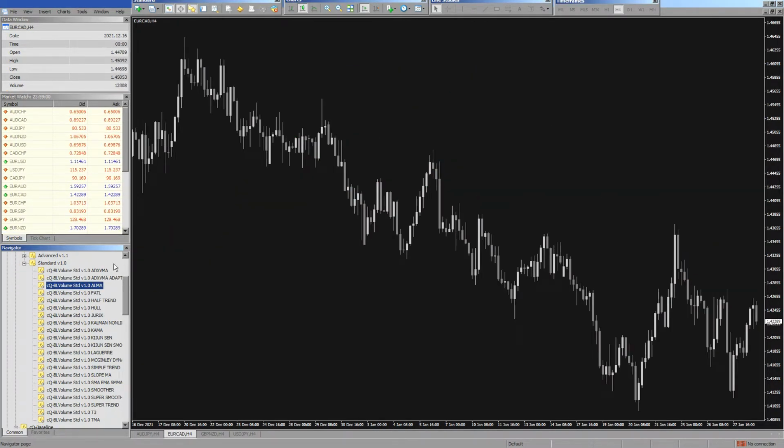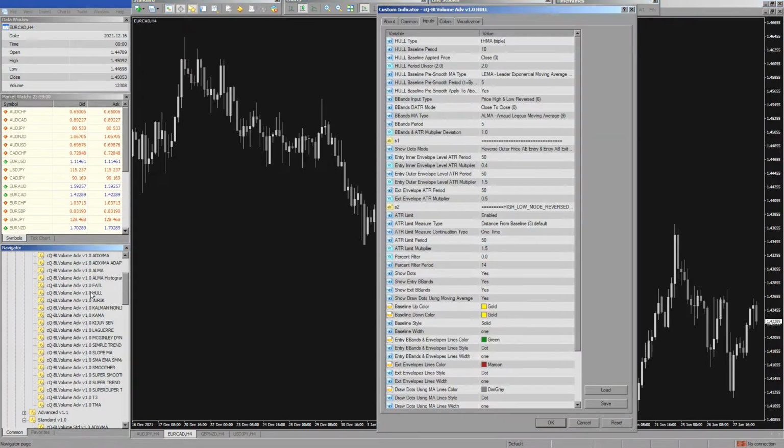What the advanced versions have is more parameters, two of which of some interest are the hull, which has these different modes you can run it in: linear, exponential, simple, smooth, and then triple. Then it has the same pre-smooth, and pretty much everything else is the same.